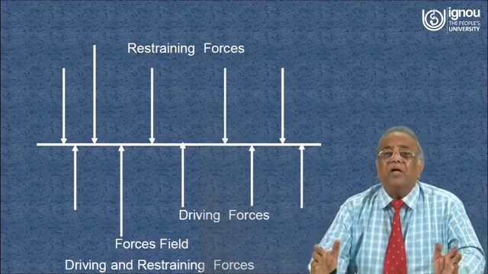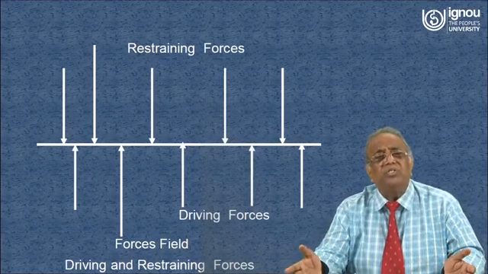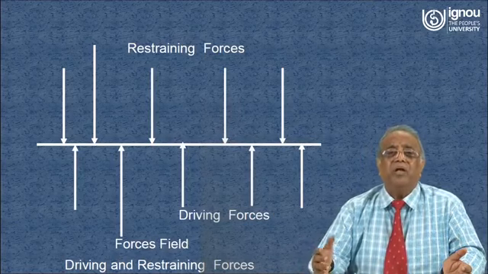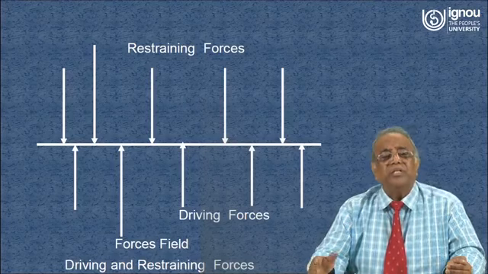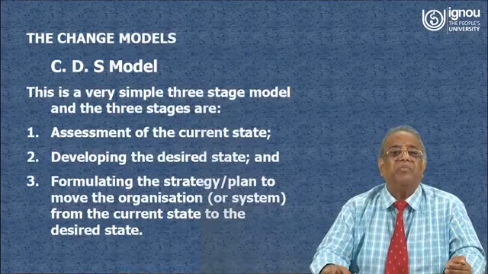But for that, proper training, proper communication and proper discussions have to take place between the authorities and the persons who are resisting the change. So this is the Lewin model, a very popular model in the change management process.